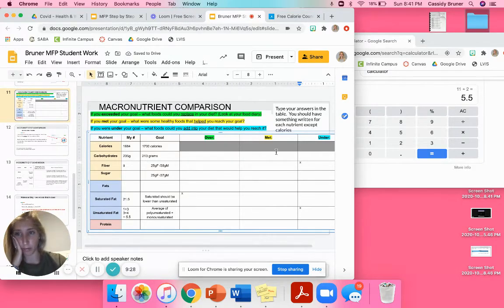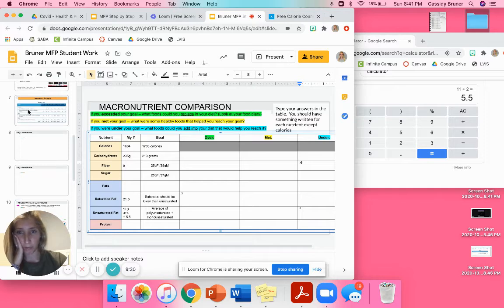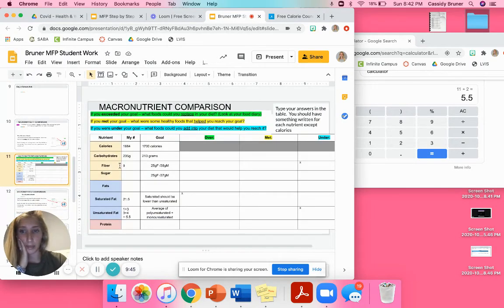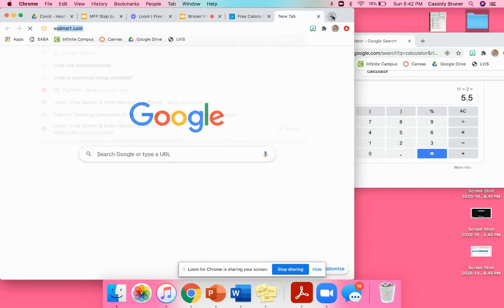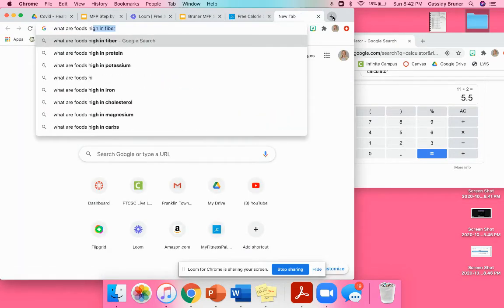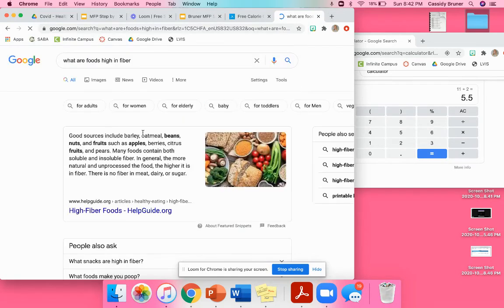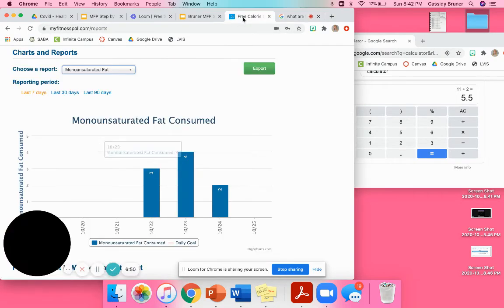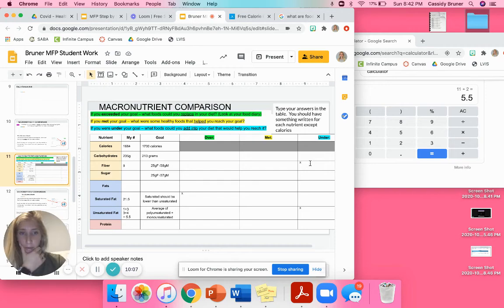I was under on fiber. So I would go to my report and see, okay, here's my fiber. I got 4 grams of fiber from this. Obviously, I did not meet my fiber goal. So it's asking, if you did not reach your goal, which I did not, what could you add to your diet that would help you reach it? I can literally use Google: what are foods high in fiber? Boom. Good sources include barley, oatmeal, beans, nuts, fruit, etc. So on my project, I can write fiber.